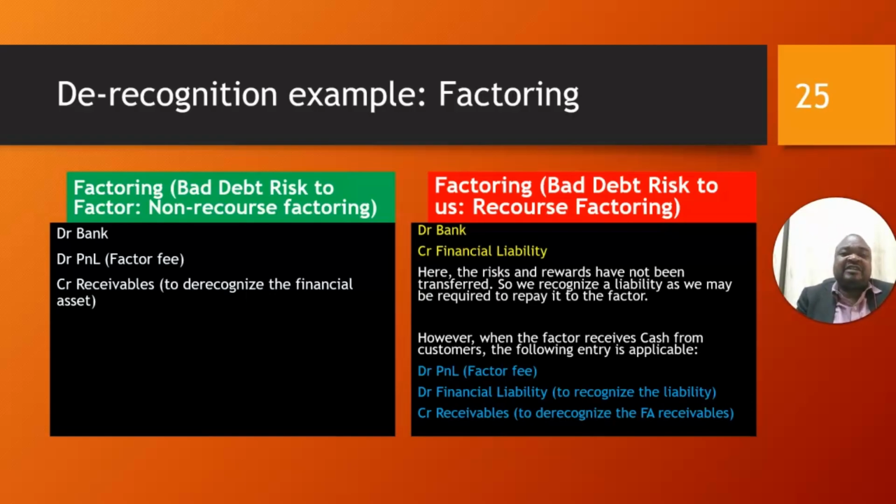Now, factoring, bad debt risk to factor. We have transferred the bad debt risk to a factor in a non-recourse factoring situation. So we need to understand what non-recourse factoring is. We are all on the same page when it comes to understanding the concept of factoring.